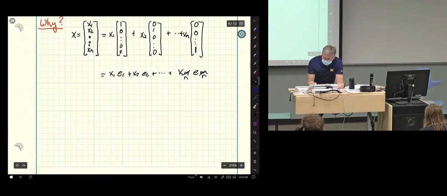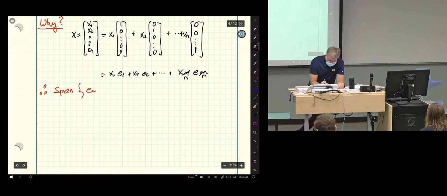So that shows that the span of that set, the set is big enough, is all of Rn.